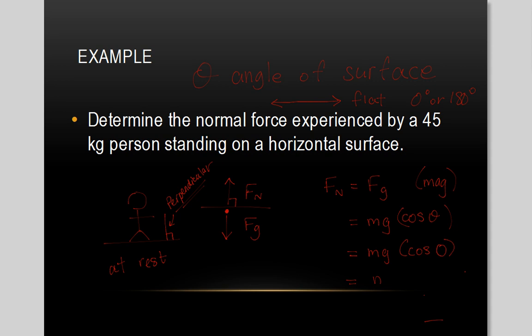So what happens is that you just get mg times 1. Anything times 1 is just itself. So you get that the force normal is just mg in this case.